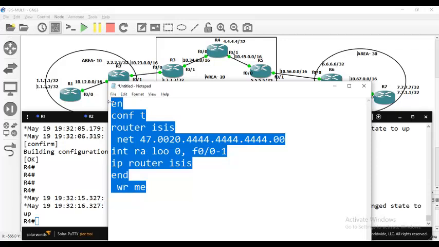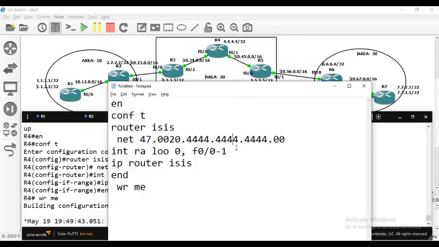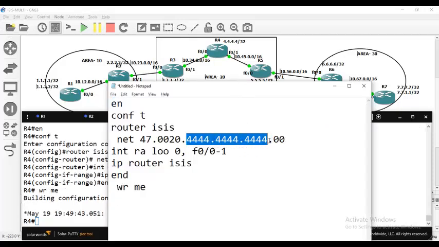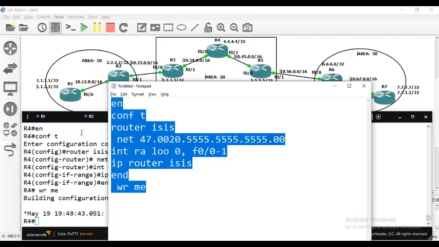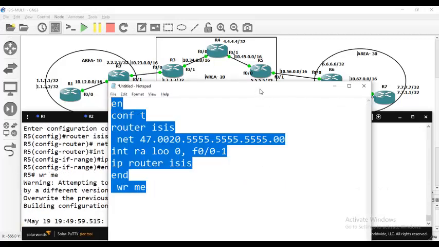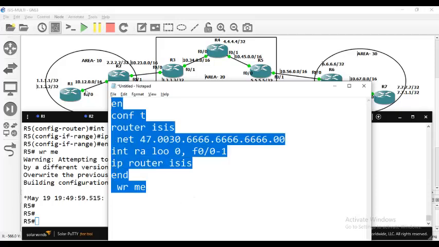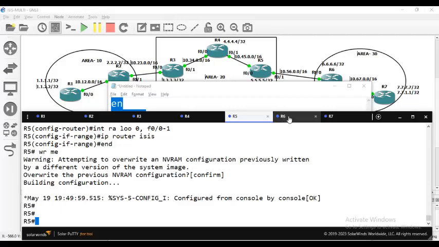R6 is in a different area, 30. Put it inside R6. And R7, R7 doesn't have this interface. Rather, it has got two loopbacks. Done.